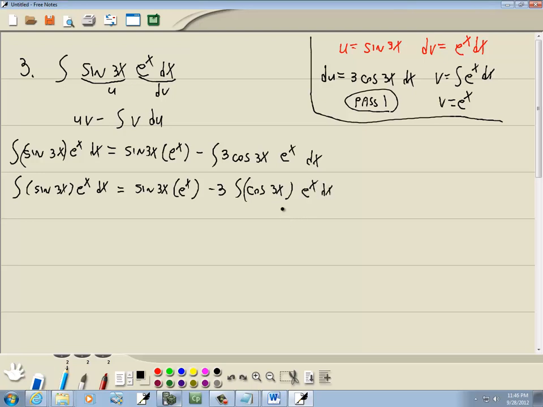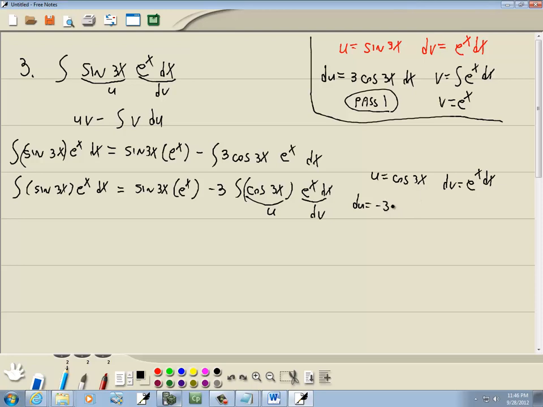Now we want to use integration by parts again. So this is going to be our u, and this is going to be our dv. So I come over here, this will be pass 2. We said u is equal to cosine 3x, dv is equal to e to the x dx. Well, the derivative of cosine is negative sine, but we have more than just an x here, so you have to multiply times the derivative of this, which would be 3.